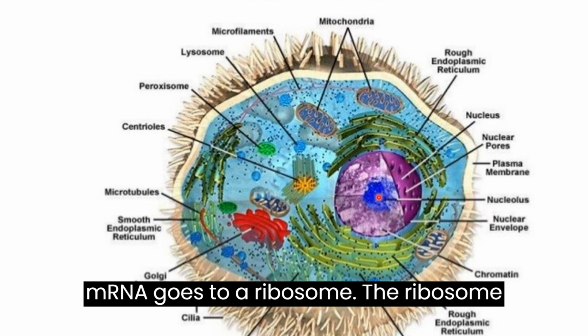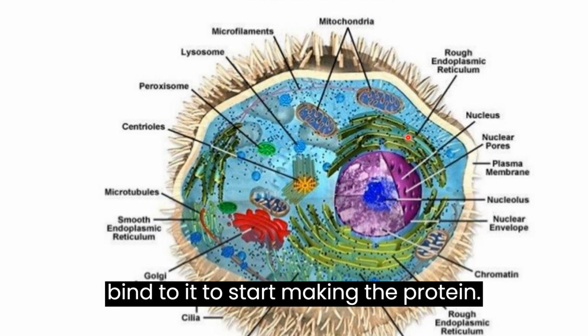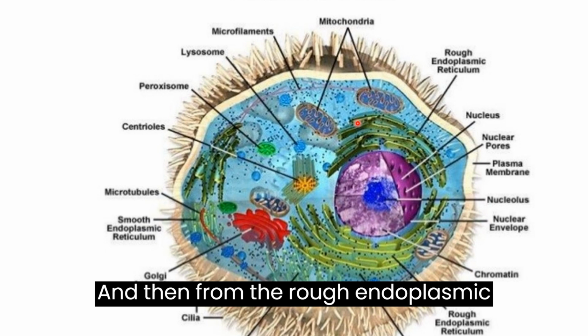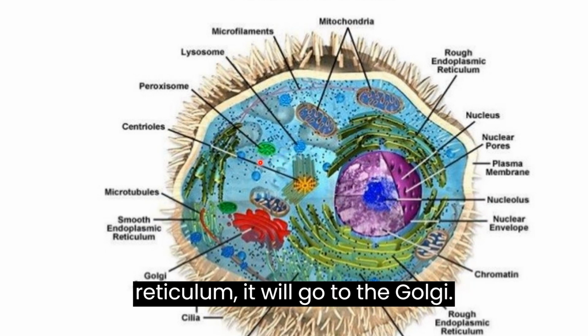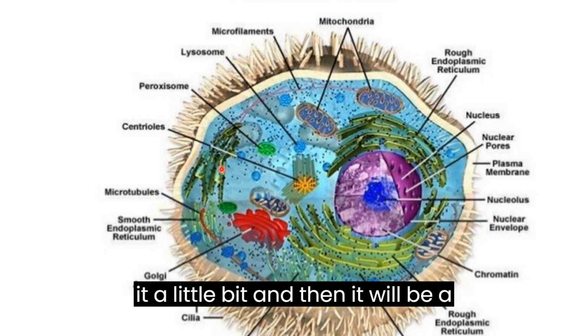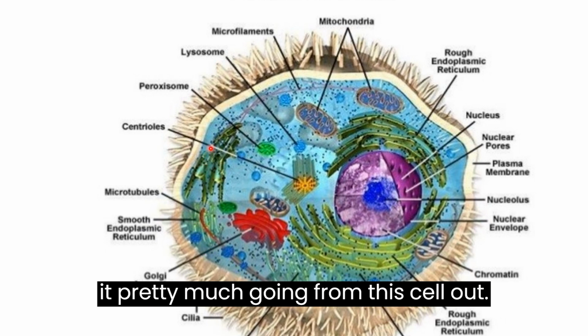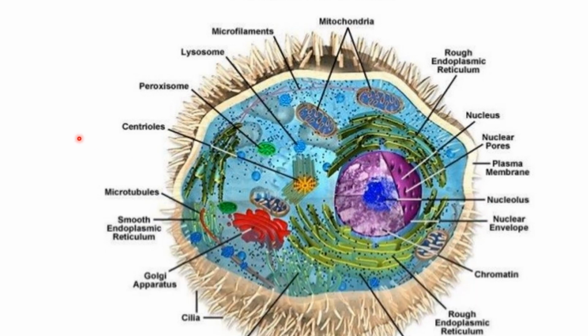Same thing, the mRNA goes to a ribosome. The ribosome will go to the endoplasmic reticulum, bind to it to start making the protein. And then from the rough endoplasmic reticulum, it will go to the Golgi, and the Golgi will be able to modify it a little bit, and then it'll be a vacuole waiting here to be excreted. It's pretty much going from this cell out.